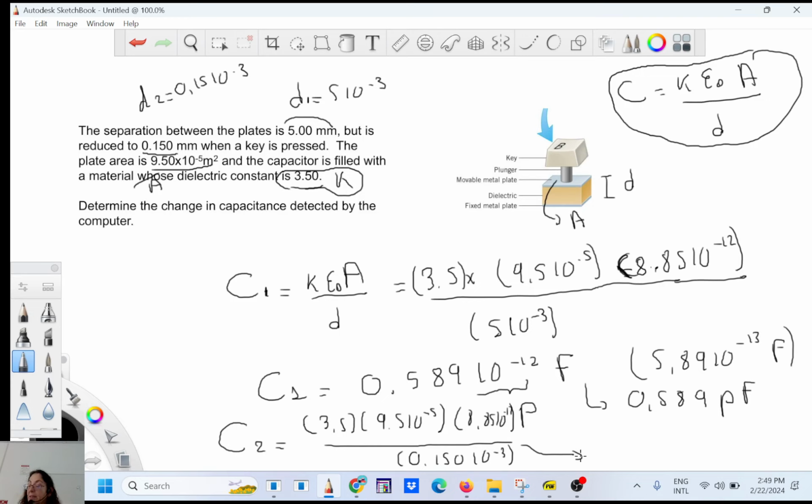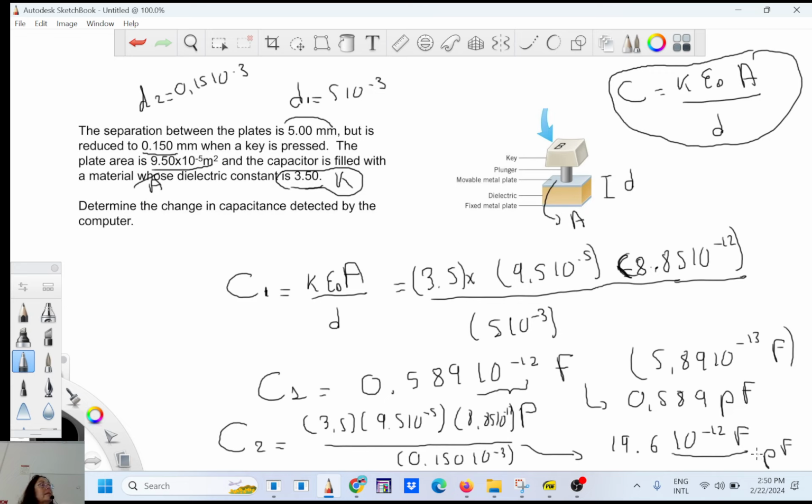And now what do you get? Yes, 1.96 times 10 to the negative 11. Okay. Or in pico, 19.6 times 10 to the negative 12 farad. So that way I can write picofarad.